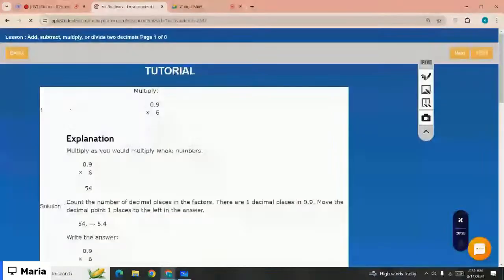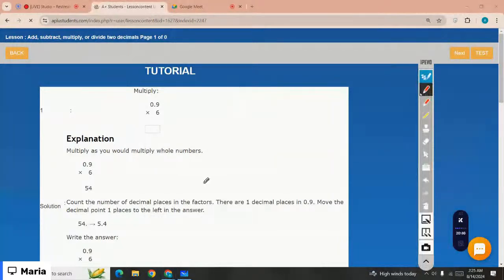Okay, next one is multiply. You have to do 0.9 times 6, right? First, you can multiply them without the decimal, and then you can put the decimal point in. For example, I have 0.9 times 6, so you can do 9 times 6. 9 times 6 is 54.